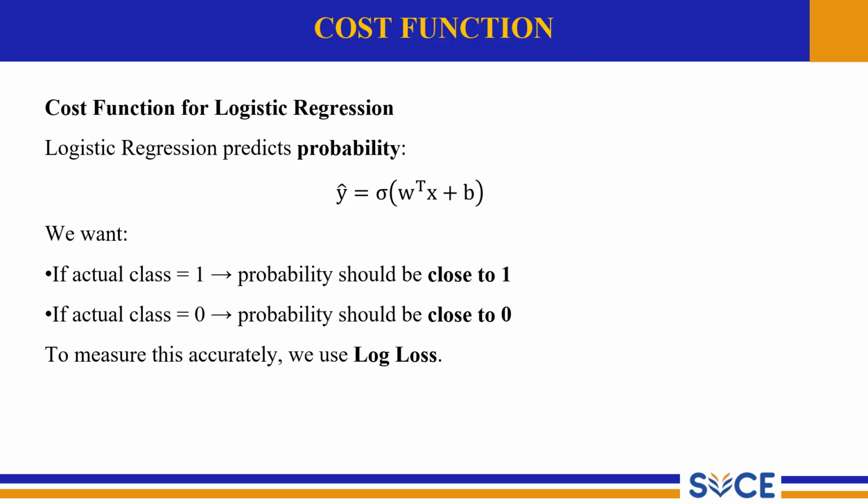If the actual class y equals 0, the predicted probability y cap should be close to 0. To measure how well the predicted probabilities match the true classes, we use log loss, or cross entropy loss. Log loss penalizes predictions that are confident but wrong, ensuring the model learns to produce accurate probability estimates.